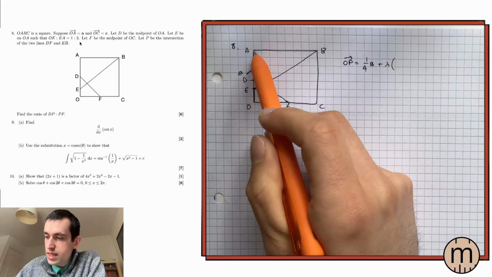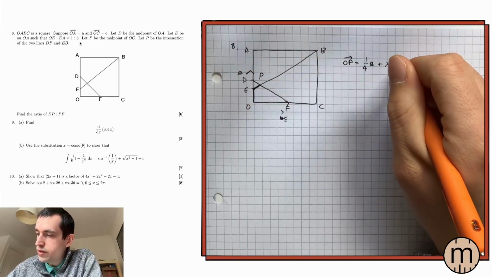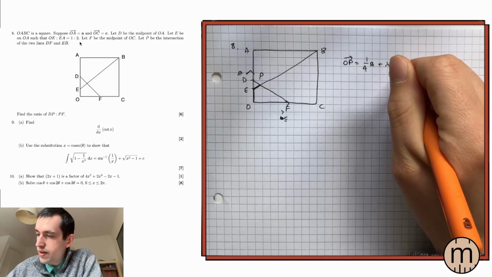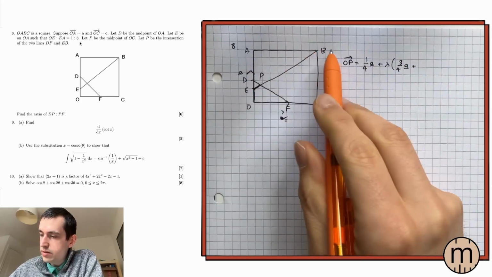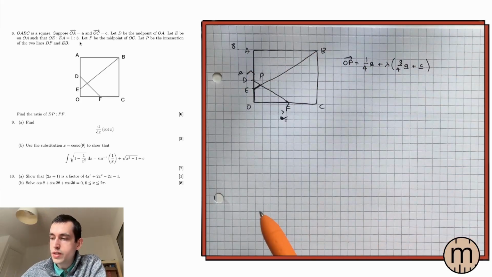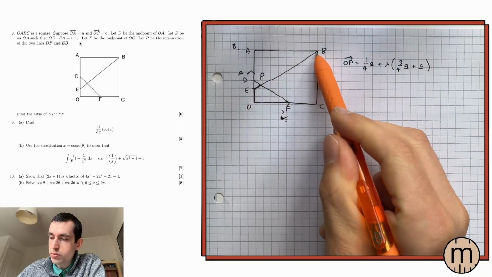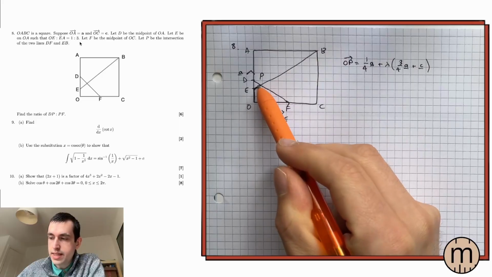Well, we need to continue our journey up to A and then across. So we're going to do the leftovers, 3/4 of A, and we're going to add on C over the top. That's one version. Go to E, O to E, and then some multiple of E to B to get us to P.